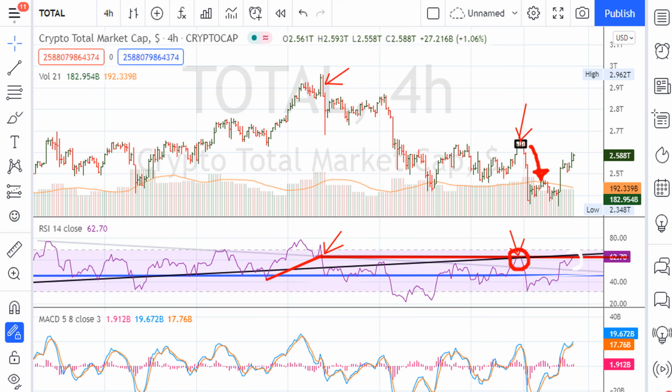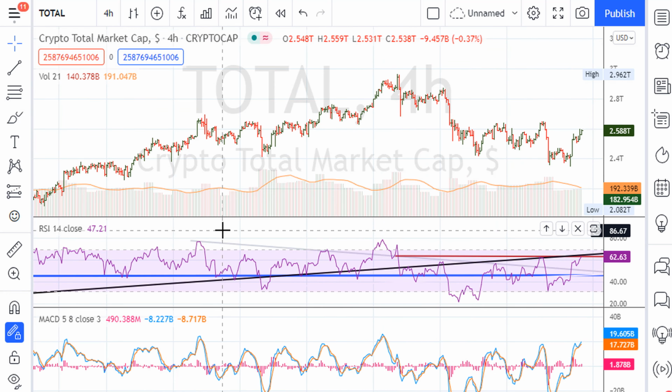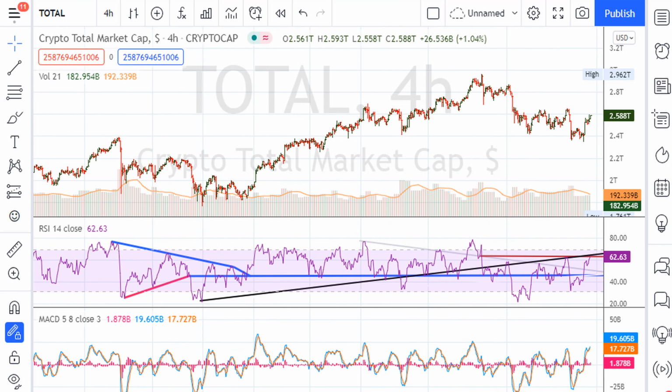If the cryptos are to move higher around this area, they would have to clear the red line. Now there's also another line. To understand where that line comes from, you'd have to go back to the 4-hourly lows here, and these 4-hourly lows are sometime around September 21st of 2021. Now, we can extend that line, and this line has been useful for gauging the total crypto market, especially in the short term, as we can see recently, rejection here, which is this movement here.